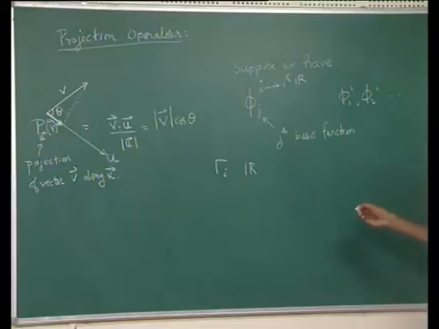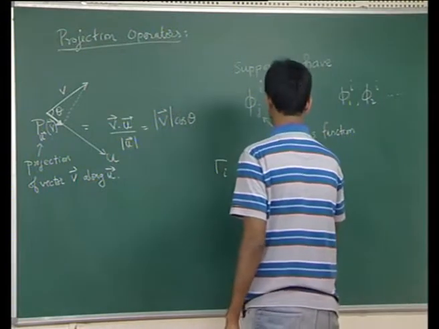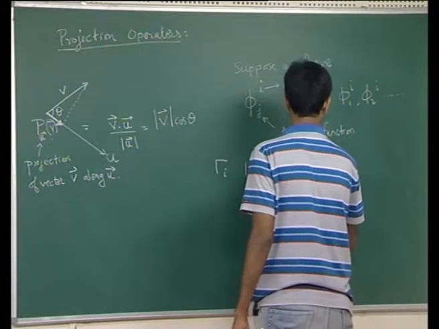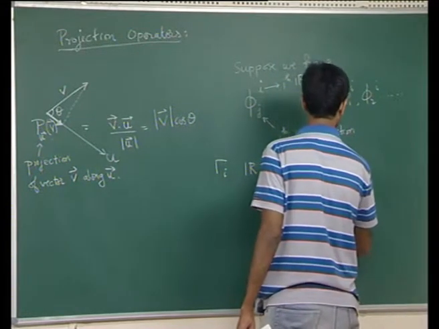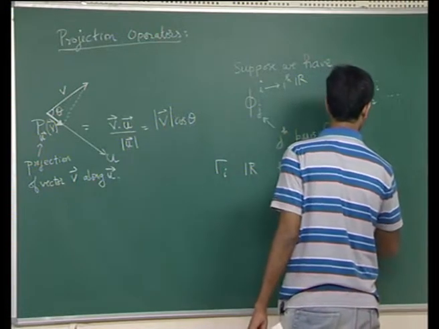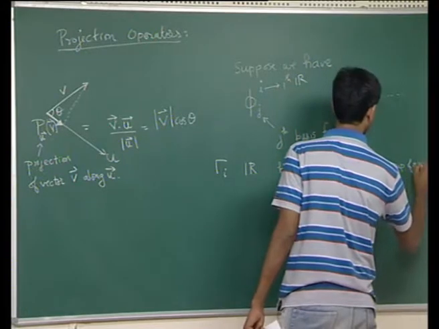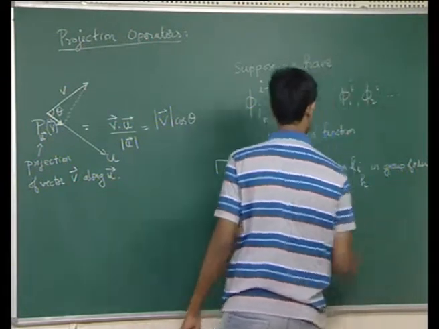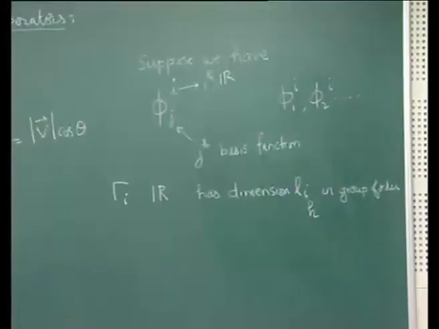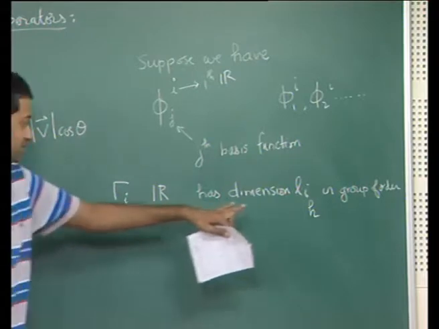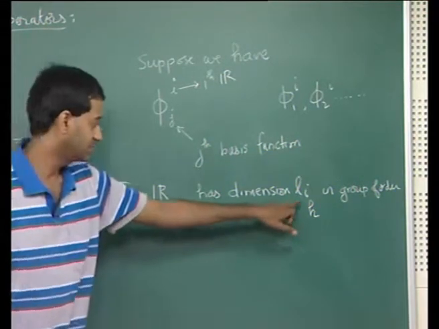Now, let's say gamma I has dimension Li in a group of order H. So H is the order of the group and Li is the dimension of gamma I. So we have gamma I, which is a representation of dimension Li.